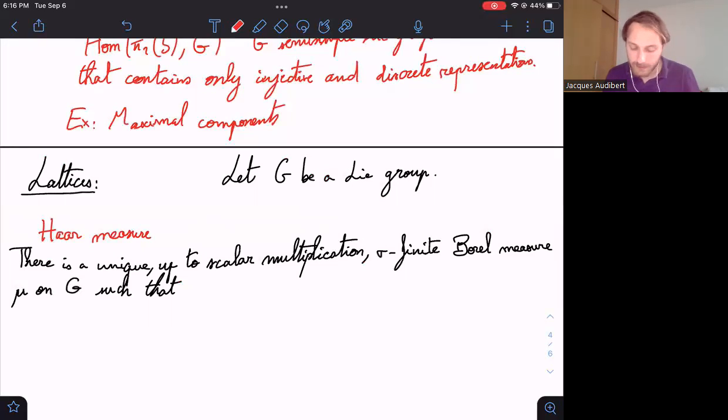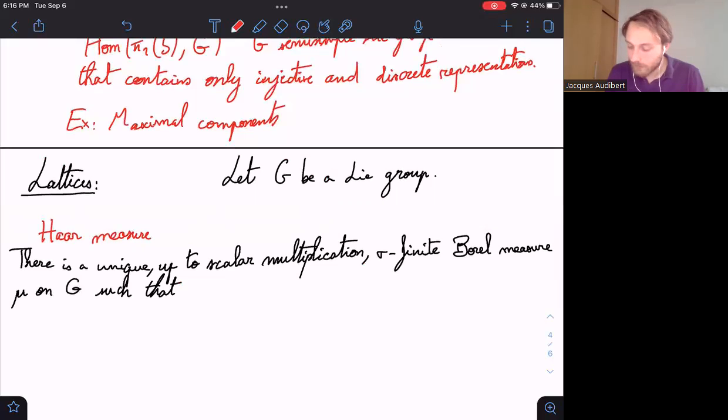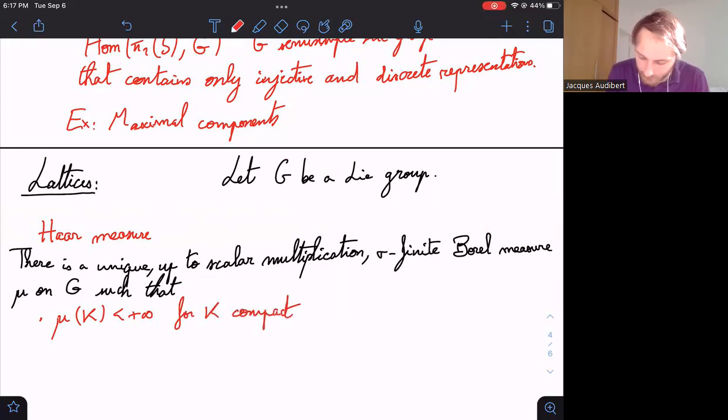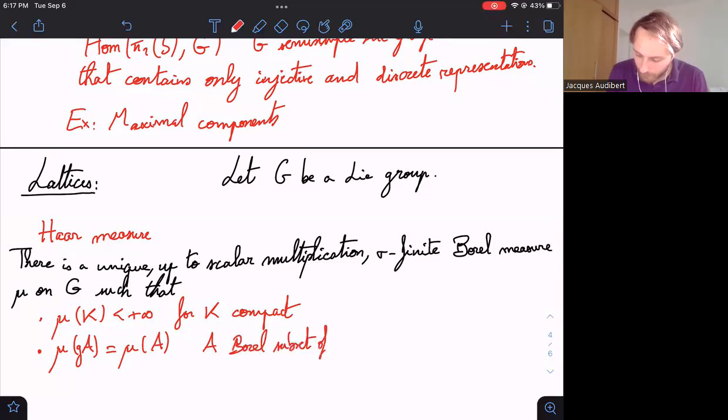There is a theorem that states that there is a unique measure up to scalar multiple, which is sigma-finite and Borel, such that first it takes finite value on compacts, and second, it's invariant by left translation. So if I take a Borel subset A and an element g in G, and I push A by g, then I get the same measure.